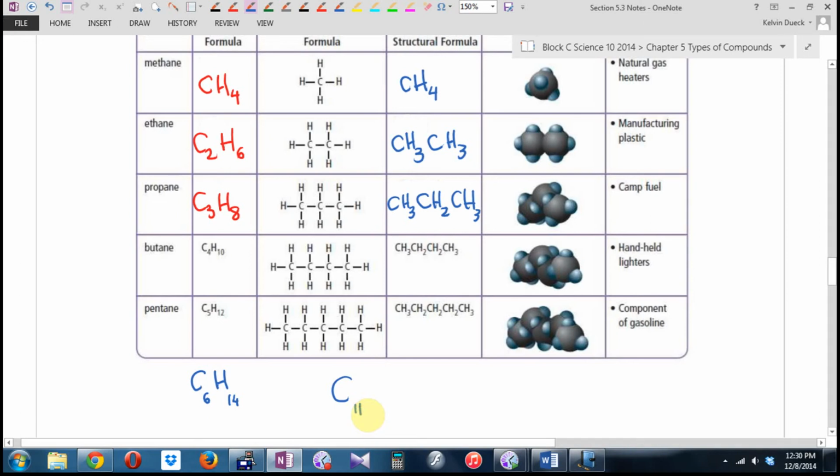Can you spot a way to turn a 2 into a 6, a 3 into an 8, a 4 into a 10, Taylor? Double it and plus 2, it turns out. So C11 would be H24. Double it and plus 2. Do you need to know that? Well, it's nerdily cool. I'm not going to make you memorize it, but I'm a math teacher as well. Cool pattern. And the fact that you were able to predict a compound. Kind of neat.